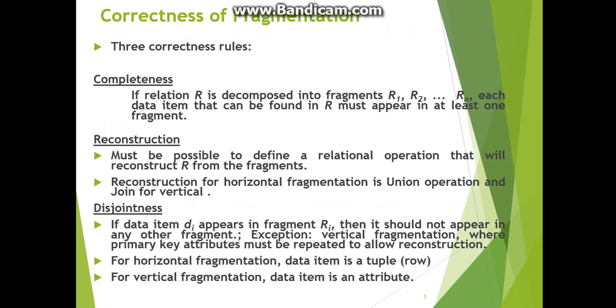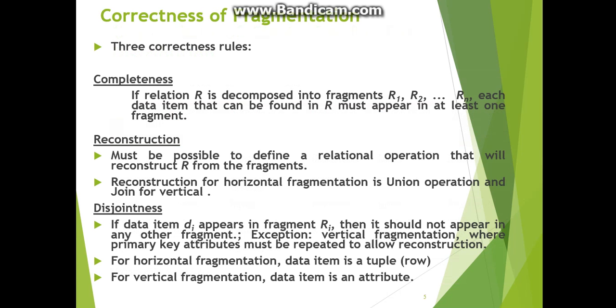Then correctness of fragmentation. How can we determine that whatever fragmentation you have performed is correct, that it is performed in an appropriate manner? There are three rules to verify that. First is completeness, then reconstruction, and third is disjointness. What does completeness mean?